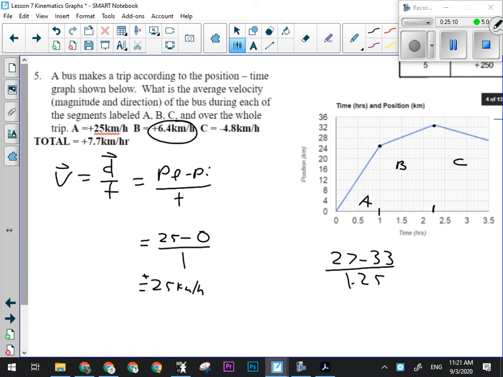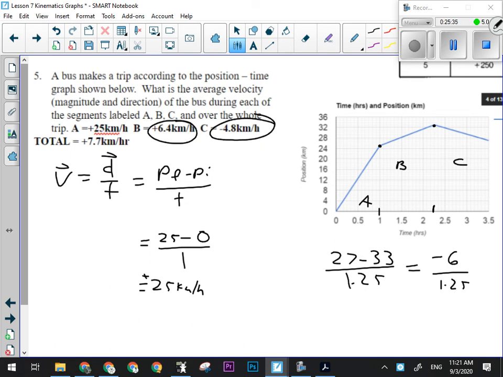On this one, I have 27 minus 33, which gives me negative 6. I'm getting a negative displacement, which is fine because the object is clearly moving backwards in this section. The position is changing in a negative way here. Dividing by 1.25 gives us negative 4.8 kilometers per hour.